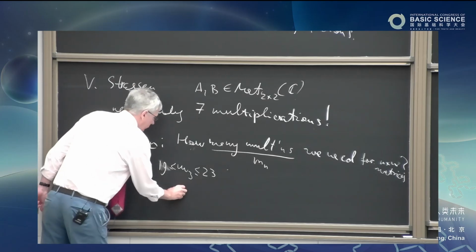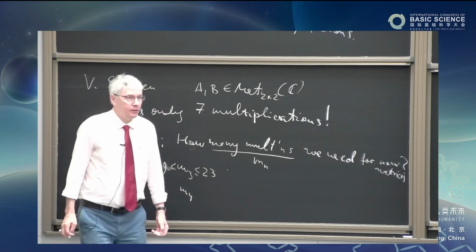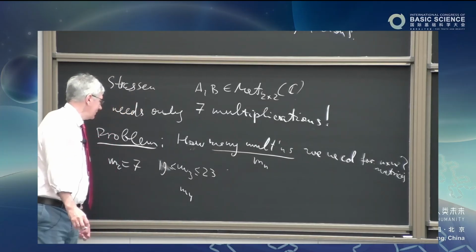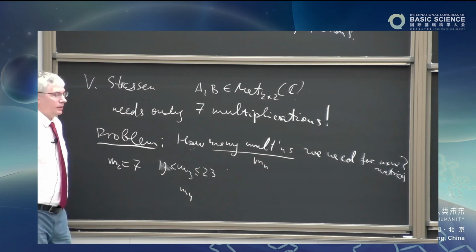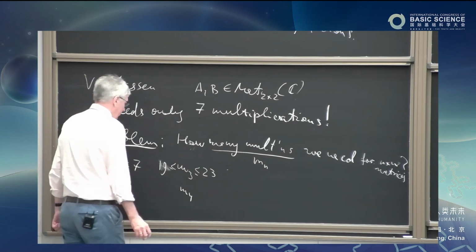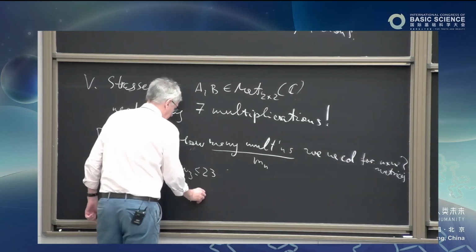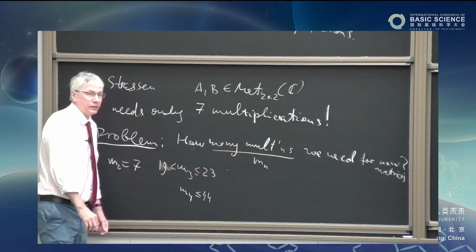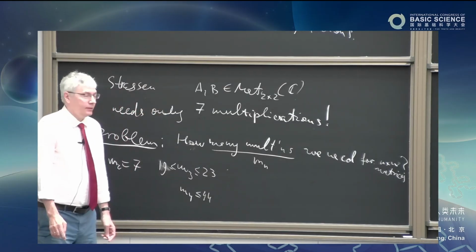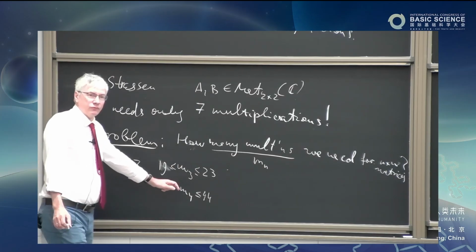For n equals 4, there is some recent result of some artificial intelligence, which found that at least over some finite fields, it found an algorithm which uses only 44 multiplications. But it's over finite fields, so I don't think it's proven over complex numbers.